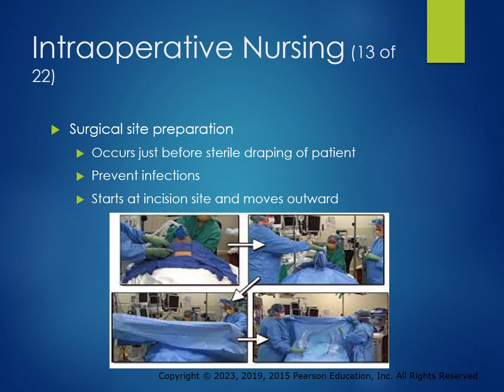And then surgical site preparation. This occurs just before the sterile draping of the patient, and they clean the site with antibacterial agents to kill possible infections or reduce the number of microorganisms that can possibly cause an infection.